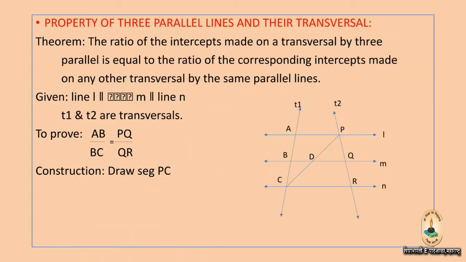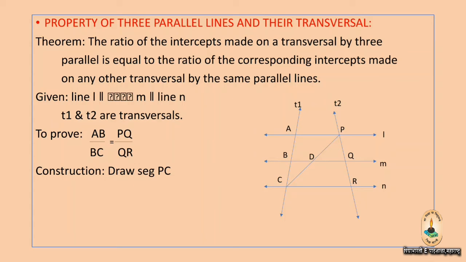The next property is the property of three parallel lines and their transversal. Statement is the ratio of the intercepts made on a transversal by three parallel lines is equal to the ratio of the corresponding intercepts made on any other transversal by the same parallel lines.